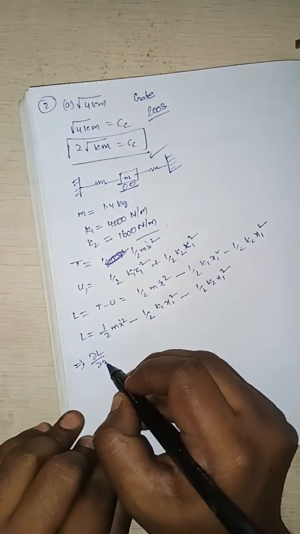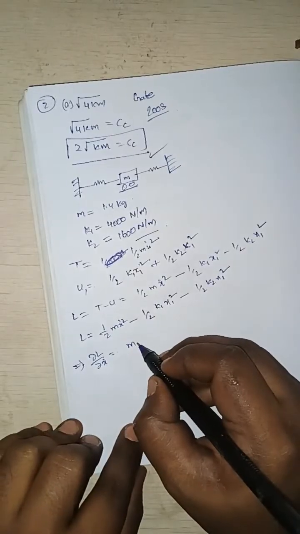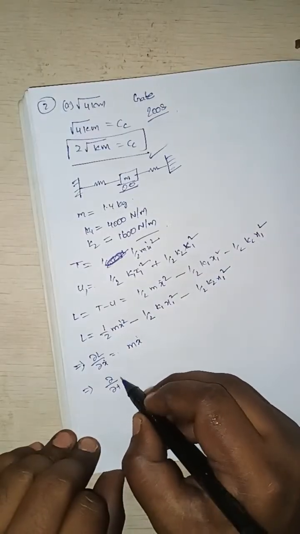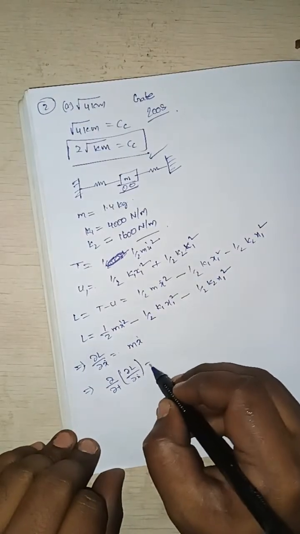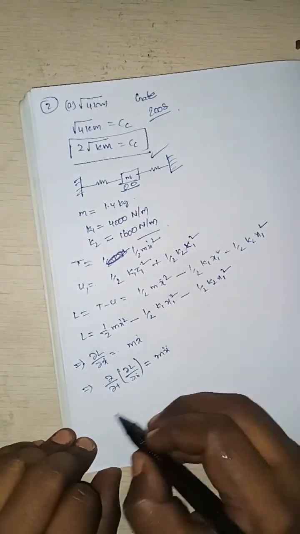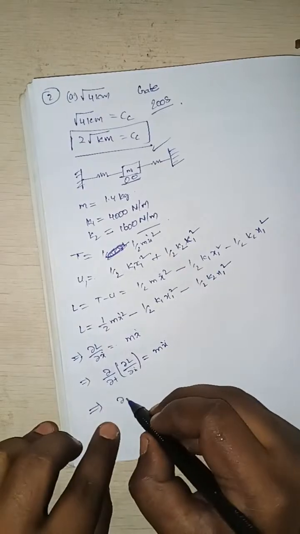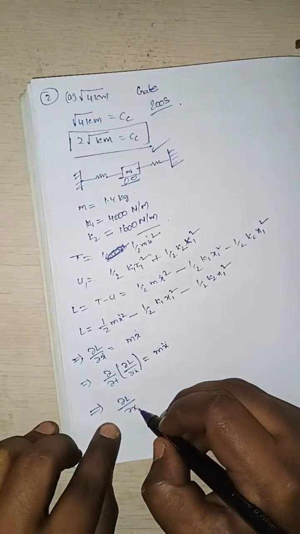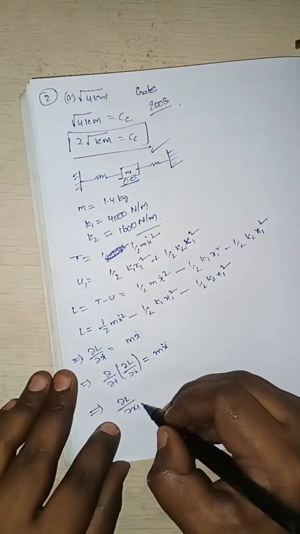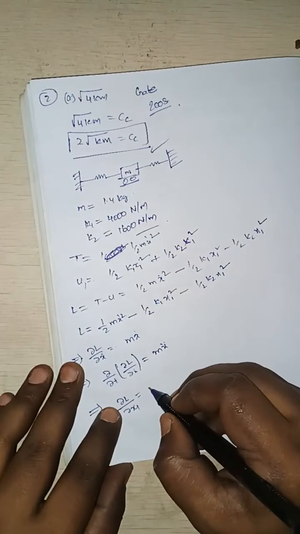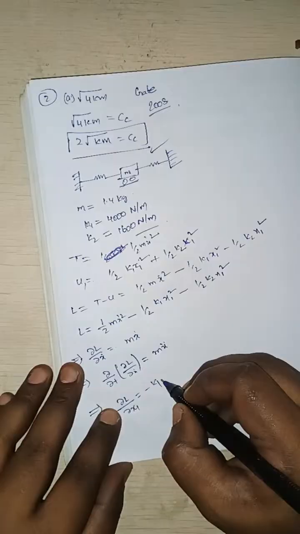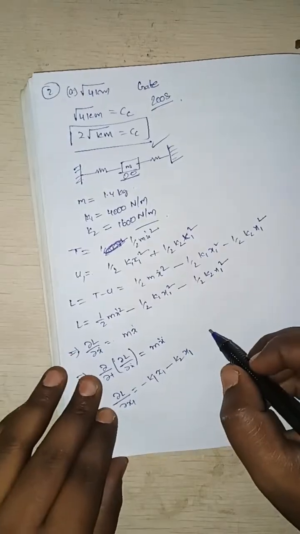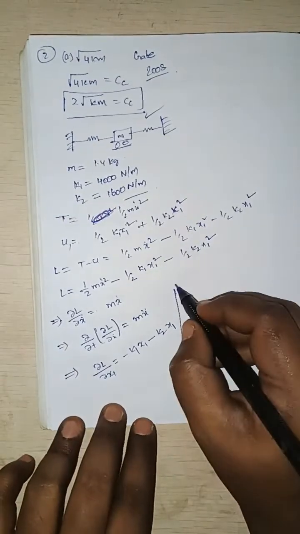Dou L by dou x dot, you get m x dot. Next, dou by dou t of dou L by dou x dot. Next, dou L by dou x1, which gives minus k1 x1 minus k2 x1. Now put this in the Lagrangian form.